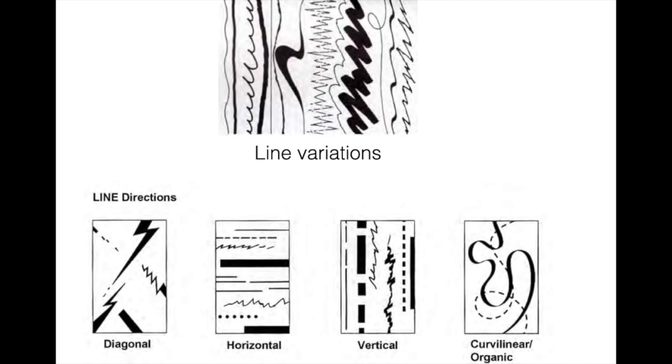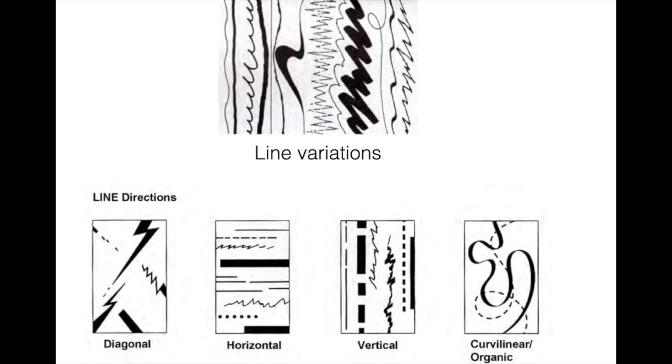So starting with the diagonal lines, they tend to be very energetic. If you think about how diagonal lines are used in movies or animation, it's sort of set up with some scene that's disorienting. So we can think about diagonal lines being energetic, disorienting, aggressive.